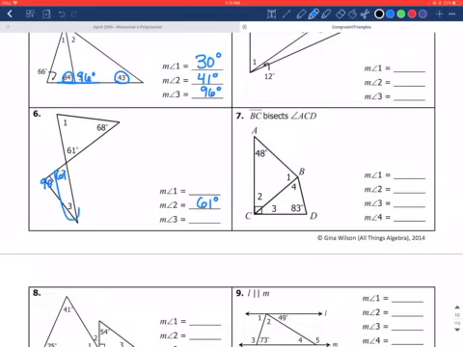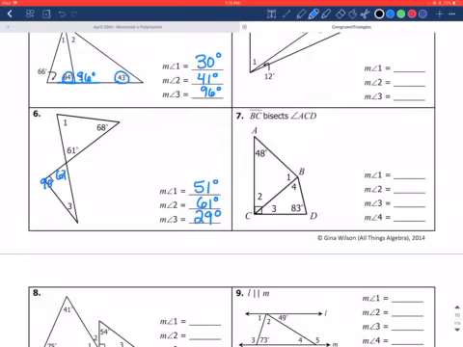So the other two angles have to add up to 90 degrees because 180 minus 90 gives you 90 remaining. Instead of doing 90 plus 61 and subtracting from 180, a lot of times I like to just do 90 minus 61, keep it a little more simple, and that is angle 3, which will be 29 degrees. Then angle 1 up top: 61 plus 68, subtract from 180, that will give you 51 degrees.